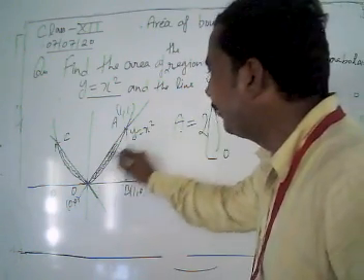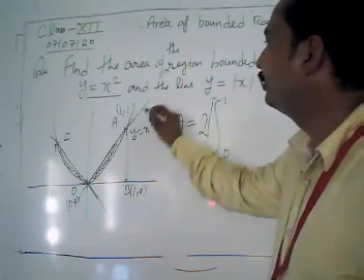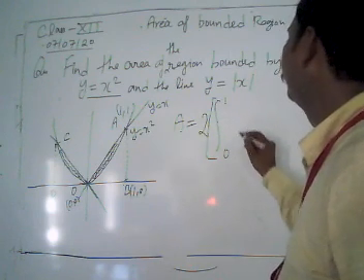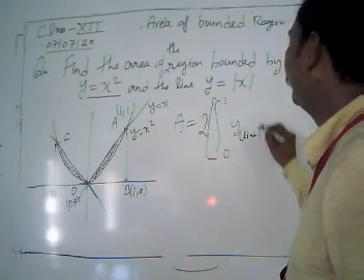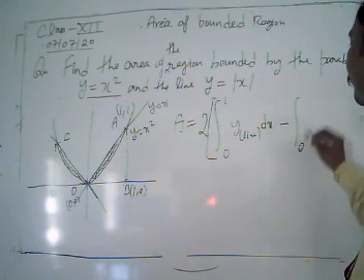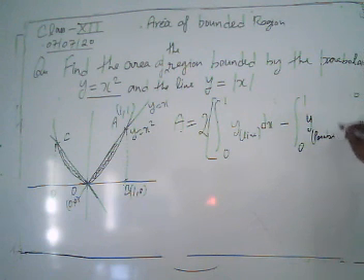First, the area made by the line. What is our line equation? y dx, but y is equal to x, so x dx. We can write y of the line dx minus the integration over 0 to 1 of y of the parabola dx.